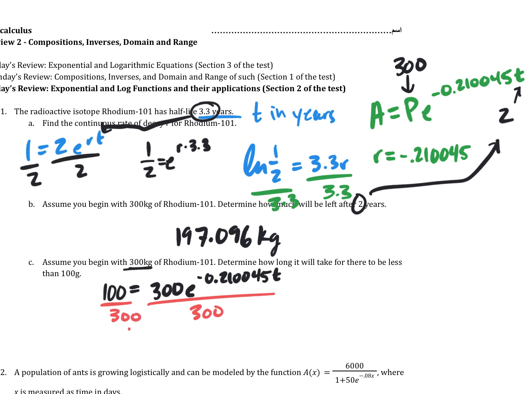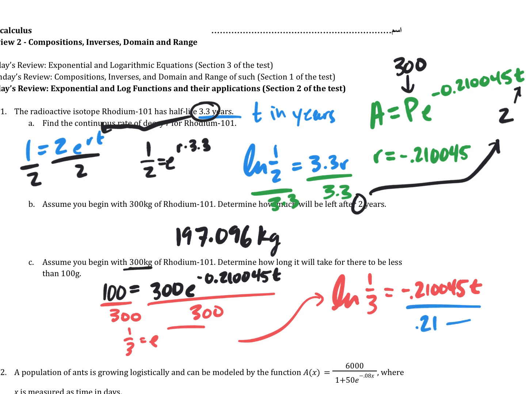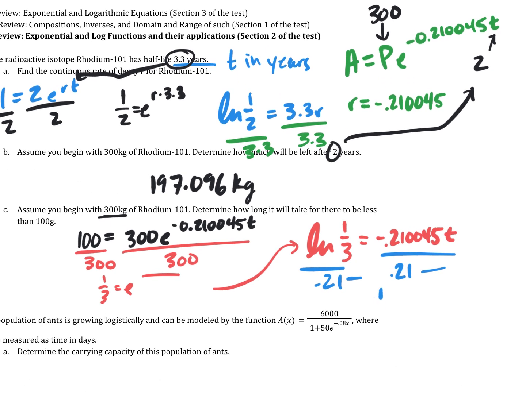I get 1/3 equals e to the whatever, so that's going to give me ln of 1/3 equals negative 0.210045 t. Divide both sides by that decimal, and we get t equals 5.23 years.